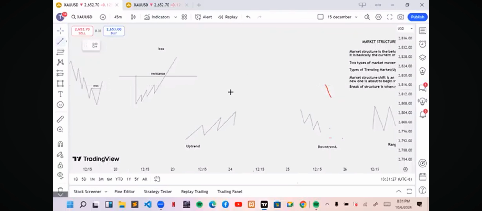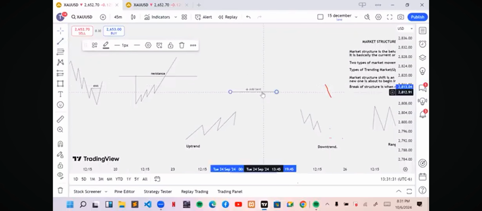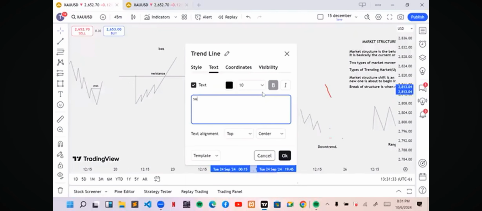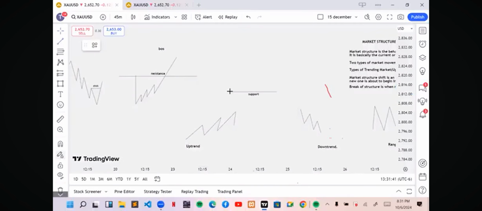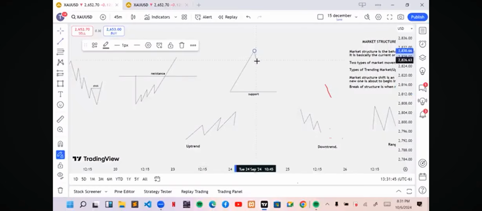So let's assume that this is a support zone, and the market was on a downtrend, that is lower highs and lower lows, lower highs and lower lows, lower highs and lower lows.